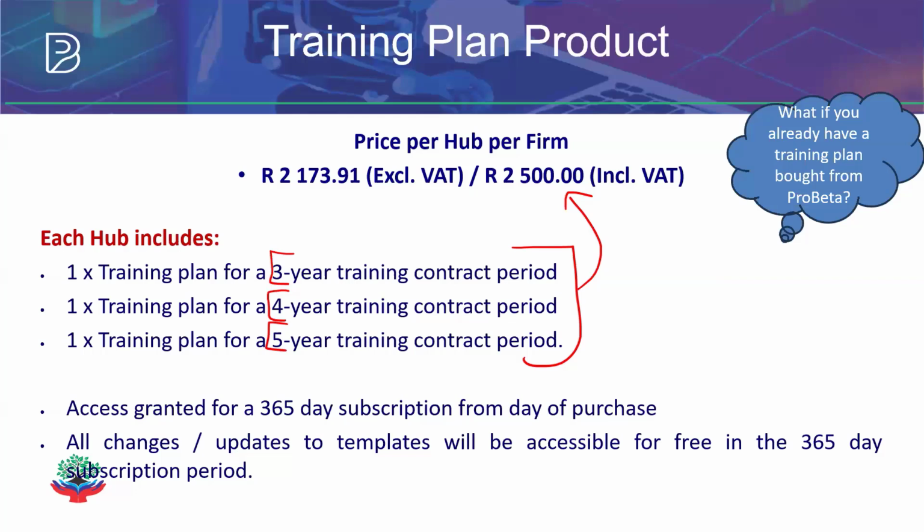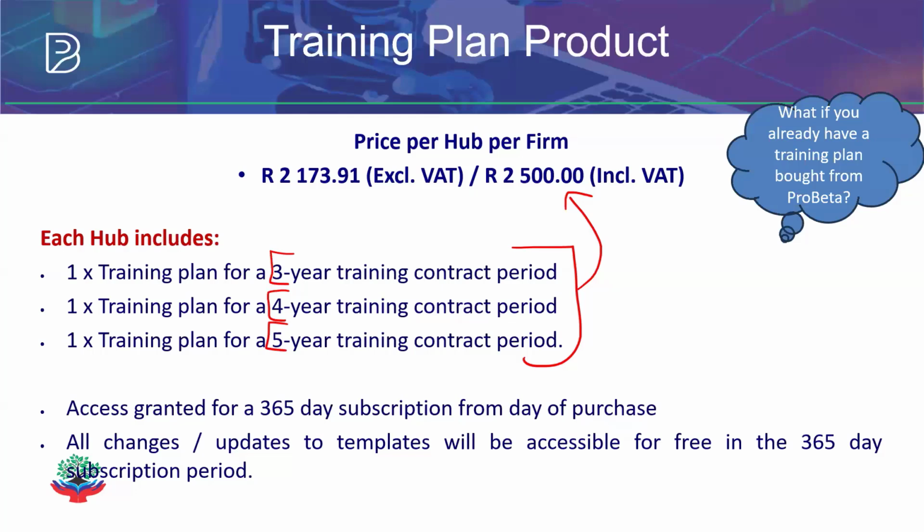However, if you wanted to import brand new training plans, then our old training plan products, so prior to April of last year, 2024, those training plan products would not be compatible with EAT. And the reason for that is because SAICA gave us new Excel templates, which is what we built our training plan on. And so last year during March, April, we had to go and rework them and transfer the old information onto the new templates.